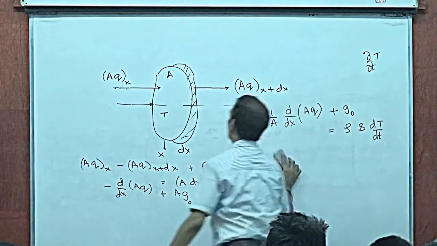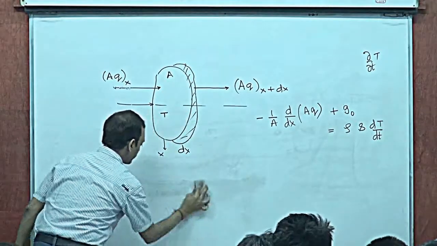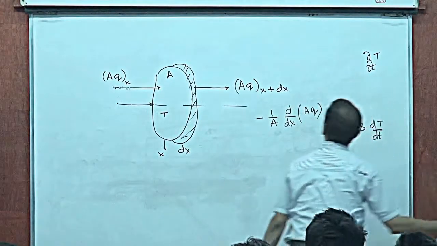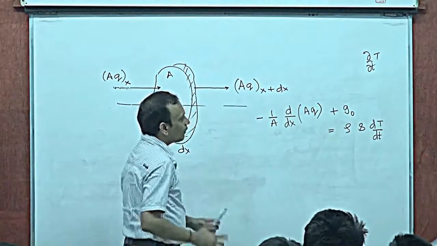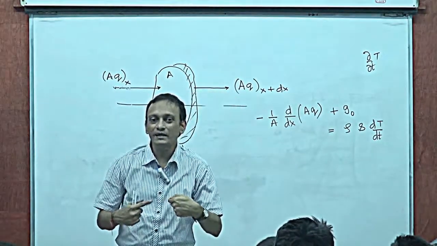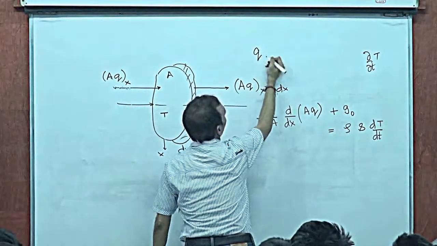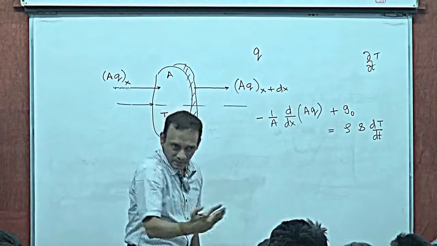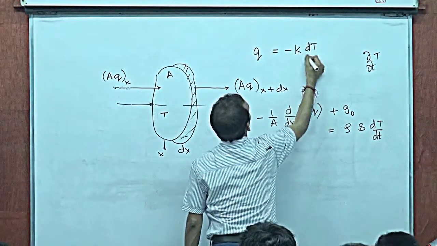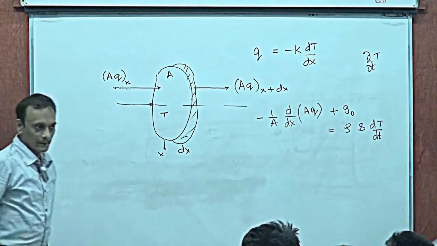Now, this Q, the heat flux at any given x, can be written as minus K dT dx. Didn't I tell you? The heat flux, the watts per meter squared at any given x, can be written as minus K dT dx. Right?